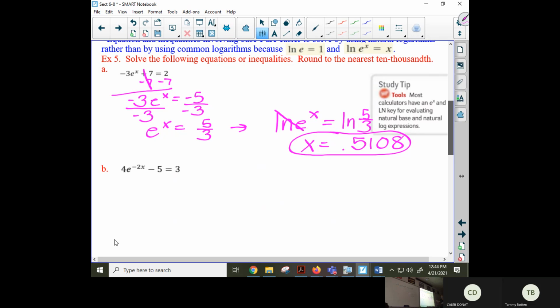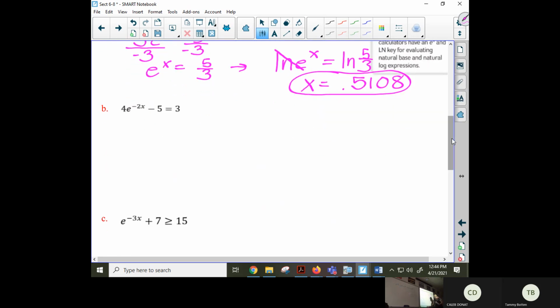Okay? Now let's look at this next one. First thing I do always is I try to isolate my e. So I'm going to add 5 to both sides. I get 4e to the negative 2x equals 8. I'm still solving for that e, so I divide by 4.